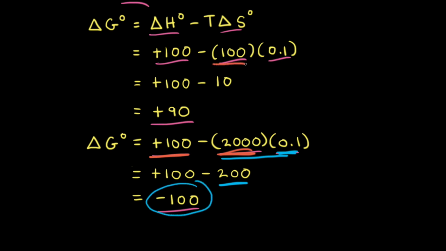However, for the first example at the lower temperature, since the temperature is lower, the entropy term is a smaller value and is unable to overcome the unfavorable enthalpy term. And that's the reason why delta G naught ends up being positive at the lower temperature. So for this combination of signs, delta G naught is negative at higher temperatures.